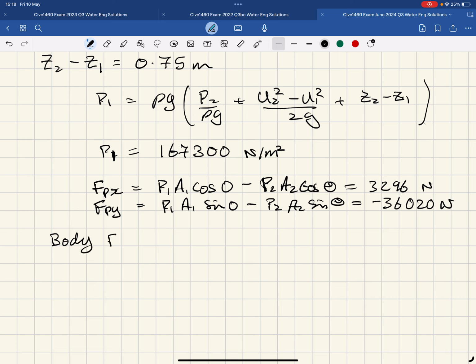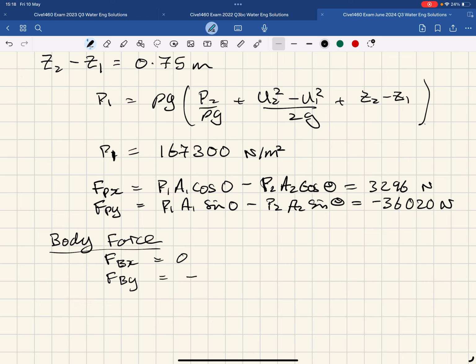Then we calculate the body force. Now, because the pipe is moving upwards, there's a volume of fluid that's weighing it down. So in the x direction, that's horizontally, FBx, the body force, is equal to 0.